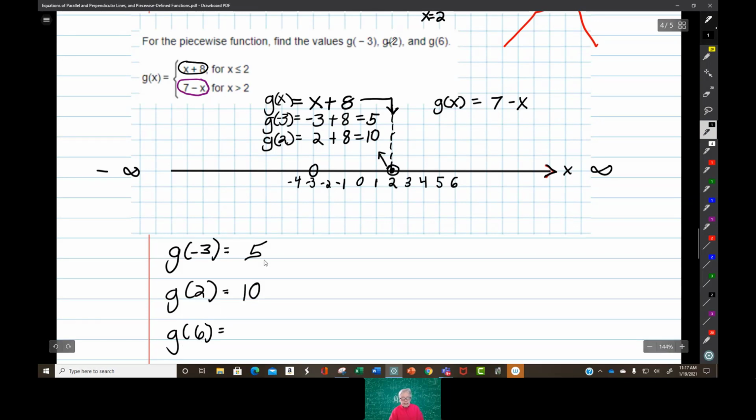And now g of 6. 6 is located to the right of 2, so we're going to use this side. G of x equals 7 minus x, so 7 minus 6 equals 1. So g of 6 equals 1. And that's all there is to it.